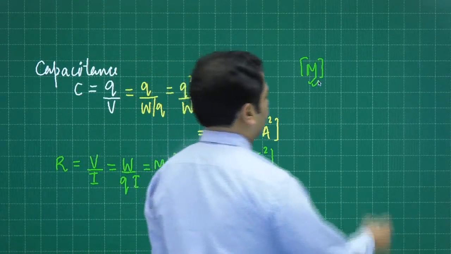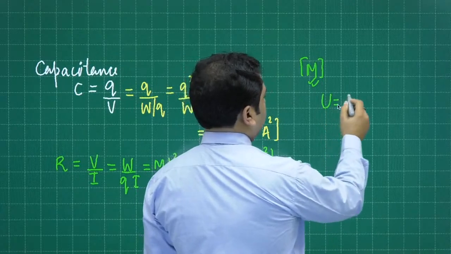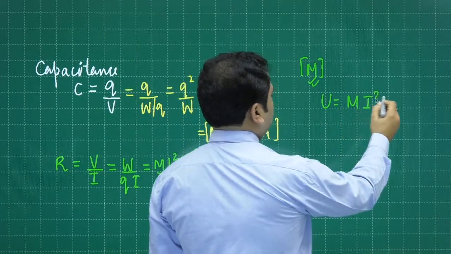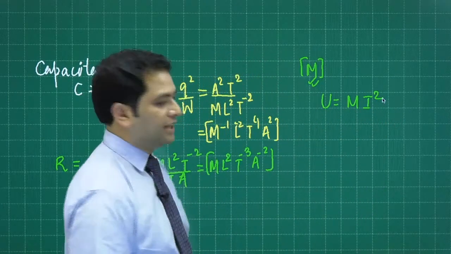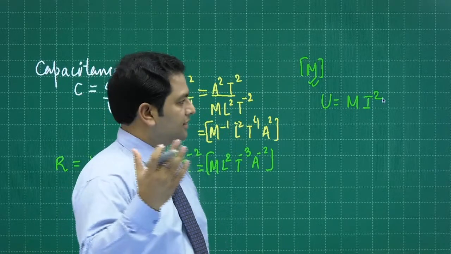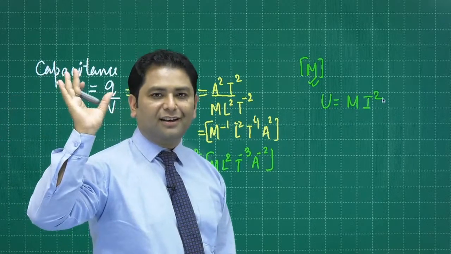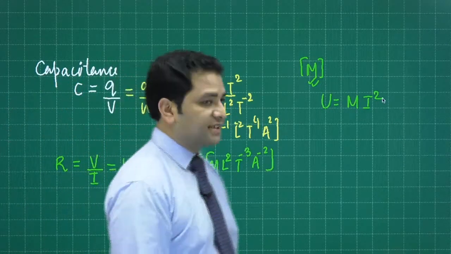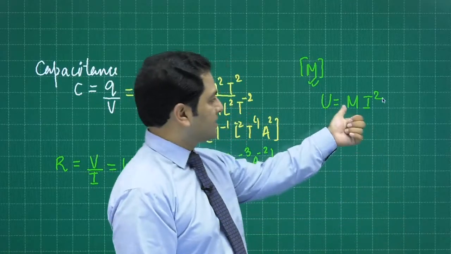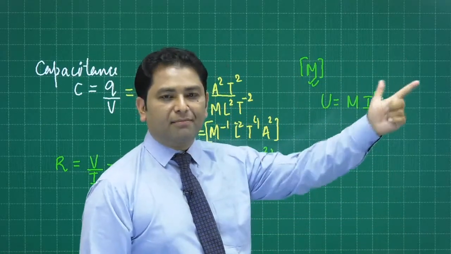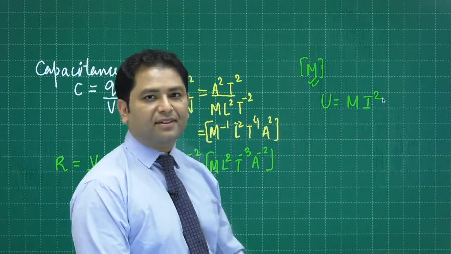And all of you know that energy can be written as M multiplied by I square. That will be the energy part. Because it is half L I square, so half can be easily removed, that has no business in dimension. And instead of L, I've replaced it by M, because by nature they are the same thing.